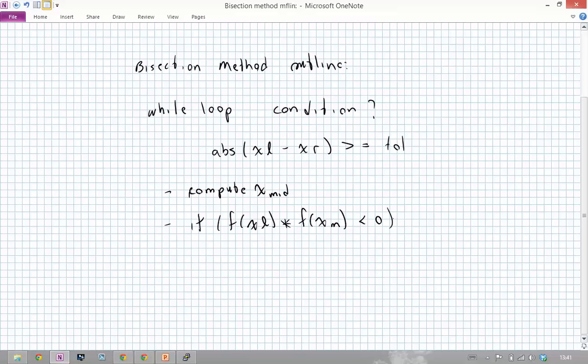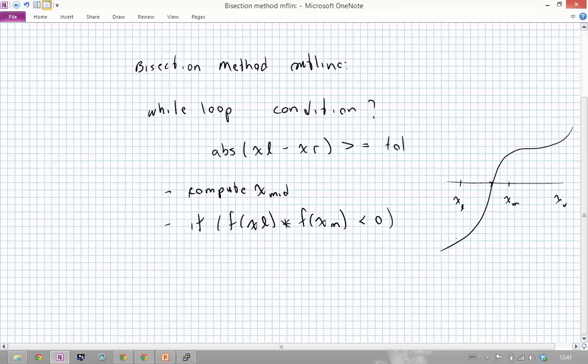In that case, let's look at a number line, and we have xl here and xr here, and we have xm here, and the function passing through here.